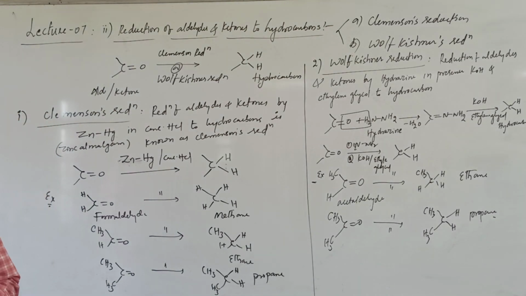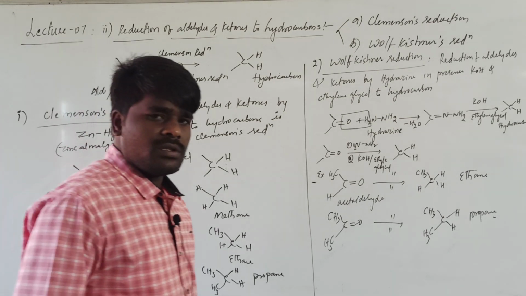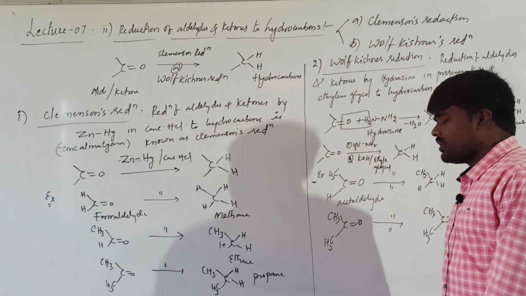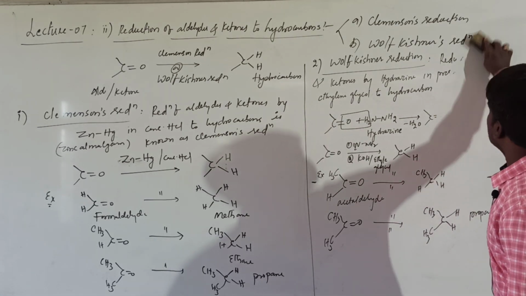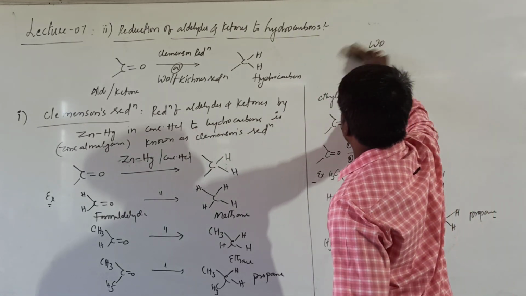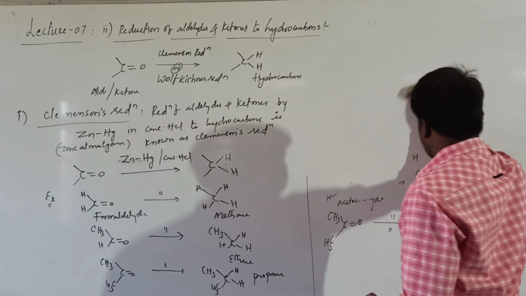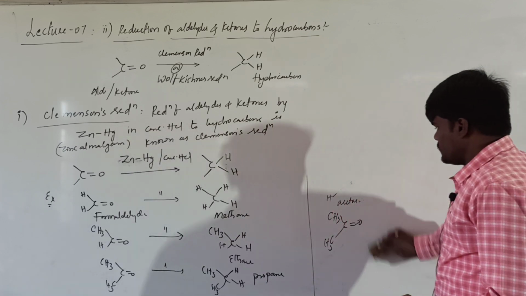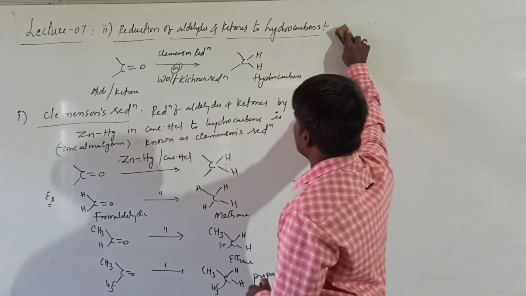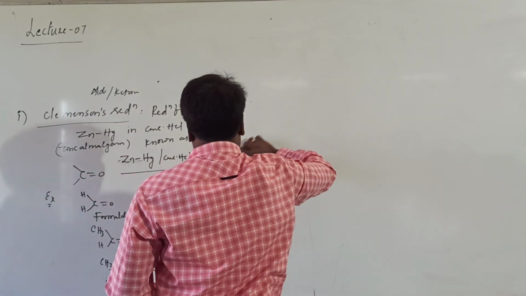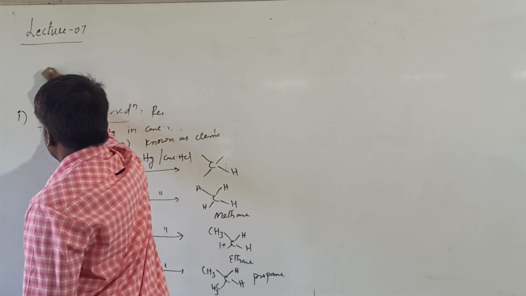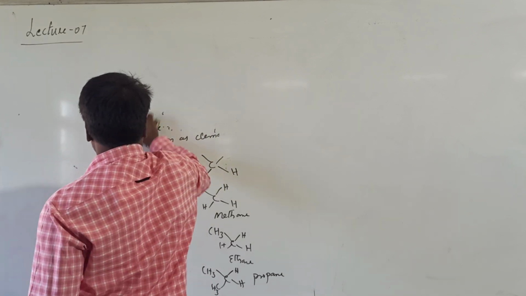Make notes of it clearly by taking a screenshot if you want. For the further discussion I will clear the board. Hope it is clear so far and you are following. Nothing much complicated, as we are not discussing any mechanism. If we discussed the mechanism it would become a bit complicated, but as we are not going into that, it will be much easier.